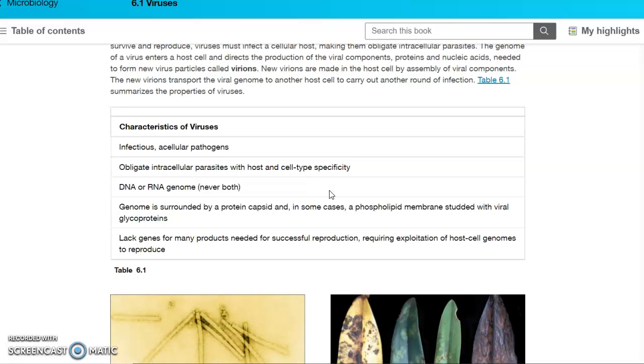Their genome, so their genetic material, is surrounded by a capsid made of protein, and then in some cases there may be an envelope that surrounds the capsid. They have a very small genome in many respects because they don't have to have all of the genes that code for setting up the machinery. Because they take over host cell machinery, the genetic material they do have is very specific to just taking over and cranking out more viruses.